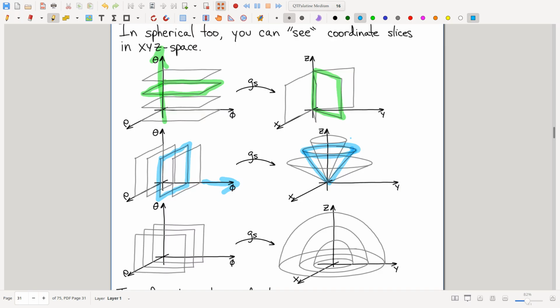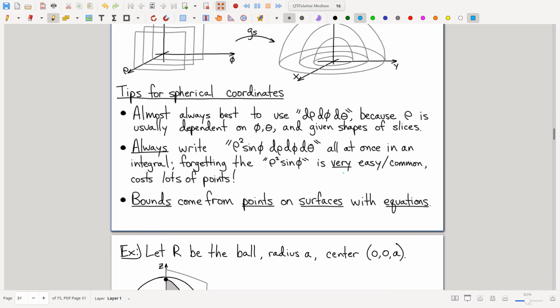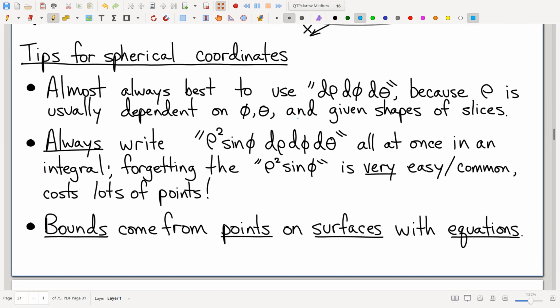I'm going to be doing these kinds of cuts of my existing theta slices, and a blue conical slice of that green half-planar slice is just a line segment like that, which is nice. Does that make sense to everybody? And then you look at where rho begins and where rho ends, and the geometry there is pretty familiar. So pretty nice as it turns out. Again, pretty much the same tips.